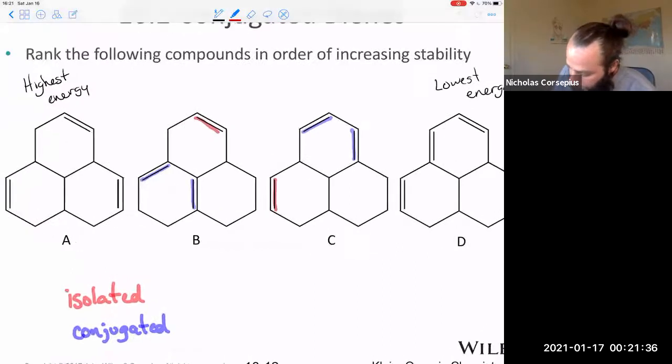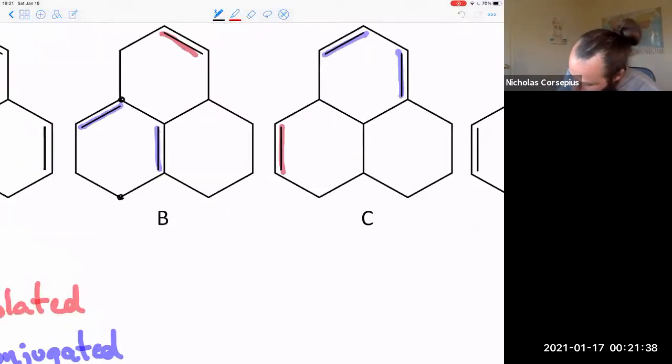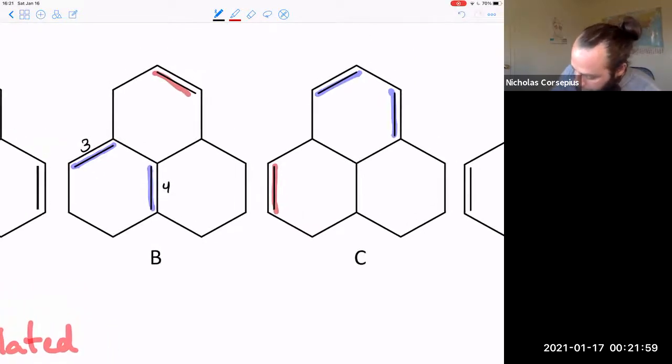So you can just go through and count. This one has 1, 2, 3, 4. So we'll make a note next to it. This one has 1, 2, 3. This one has 4. Now focusing on this one here, it's got 1, 2, 3 alkyl groups. And then we go up to our isolated double bond and it has 1, 2.